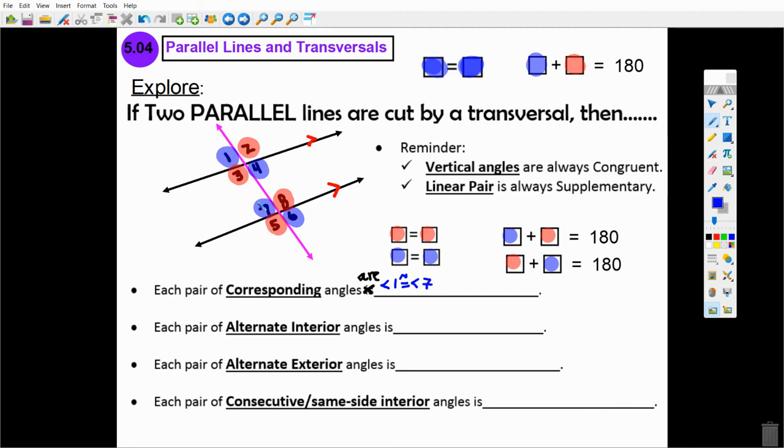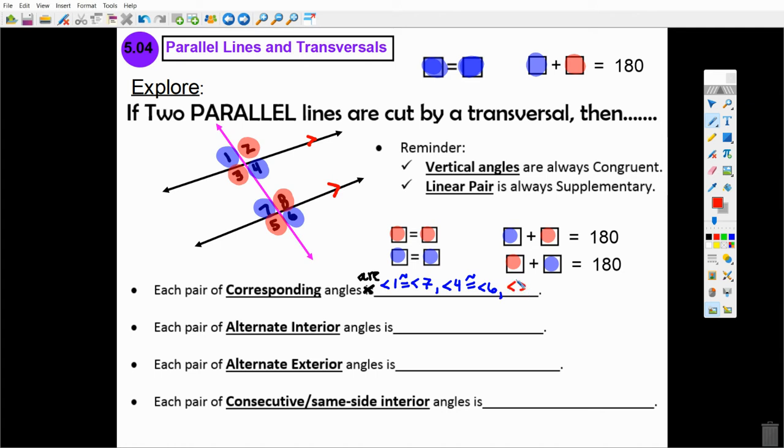Okay, they're the same color. Angle 4 is congruent to angle 6. They're the same color, and they're corresponding. So 4 and 6 are corresponding, 1 and 7 are corresponding, 3 and 5 are corresponding.